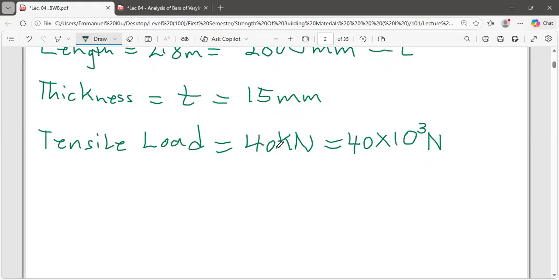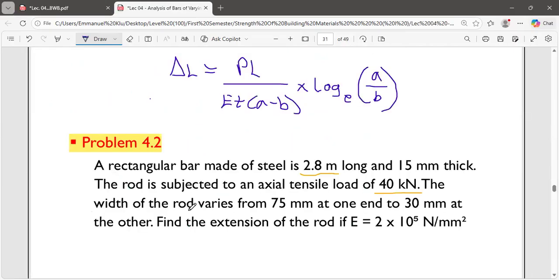Let's proceed. The width of the rod varies from 75 at one end to 30 at the other end. You should know that always A is going to be the bigger one, so take note.